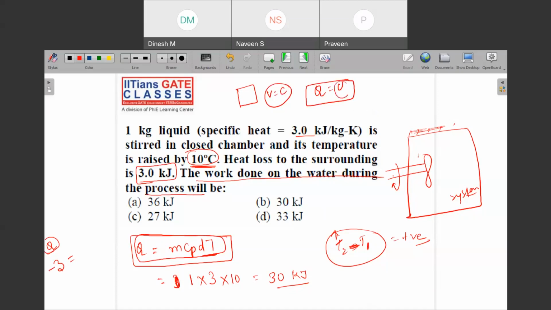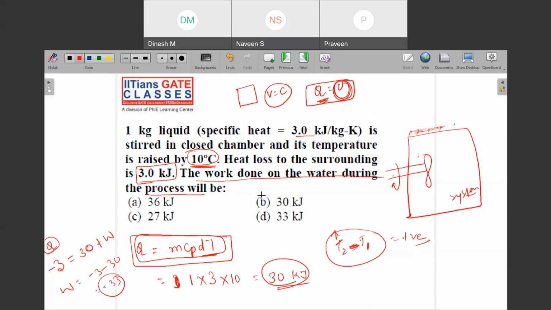So here your delta U is directly given by Q, and Q we have determined as 30. So Q is delta U, a positive value, plus W. So W will become minus 3 minus 30, which is equal to minus 33.